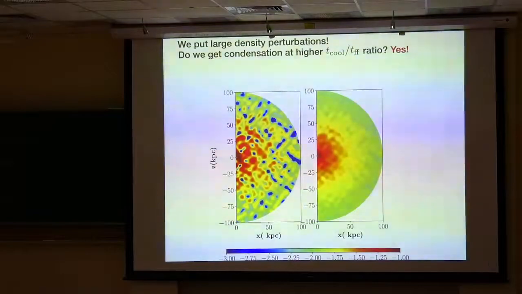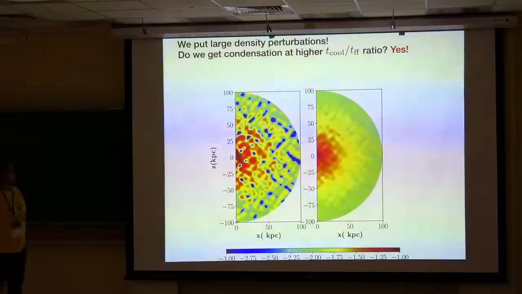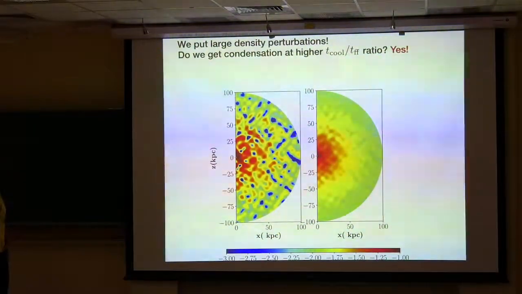So we begin with this kind of initial condition, where the right one is the conventional setup that they started with in the ICM, and the left one has very large perturbations in density.